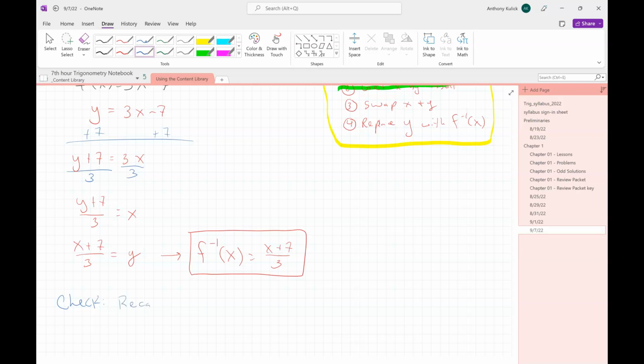So we had a theorem from last time that said that f and g are inverses if and only if f compose g of x equals g compose f of x, which is equal to x. It's this that I'm going to use to check that these two things are inverses.